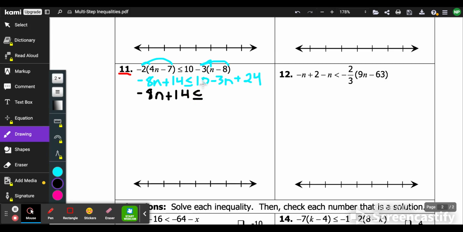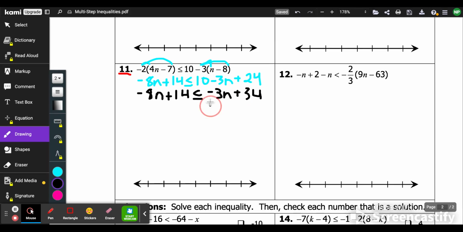Okay, so we can combine this 10 and the 24. I like to write my variables first. We're going to do -3n, but if you did it the other way, that would be fine. Plus 34. If you wrote 34 minus 3n, as long as you solve it correctly, it doesn't matter. Okay, I'm going to move my variables to the left.